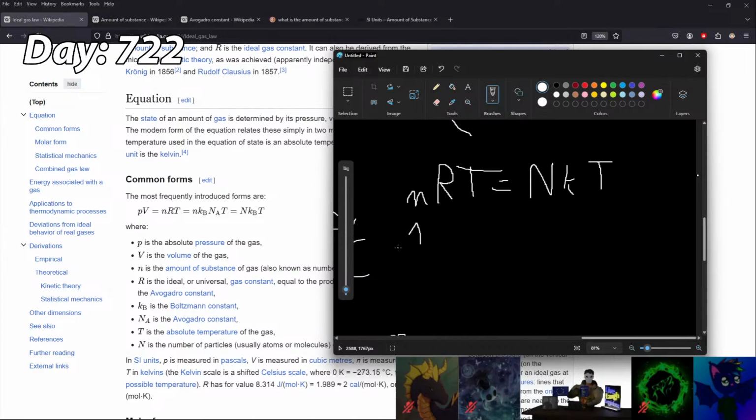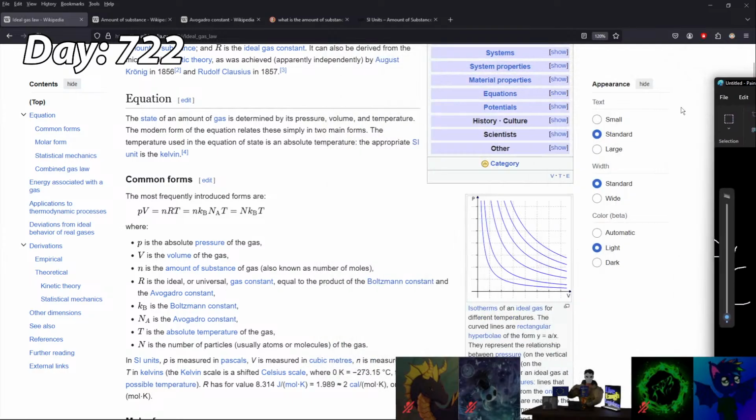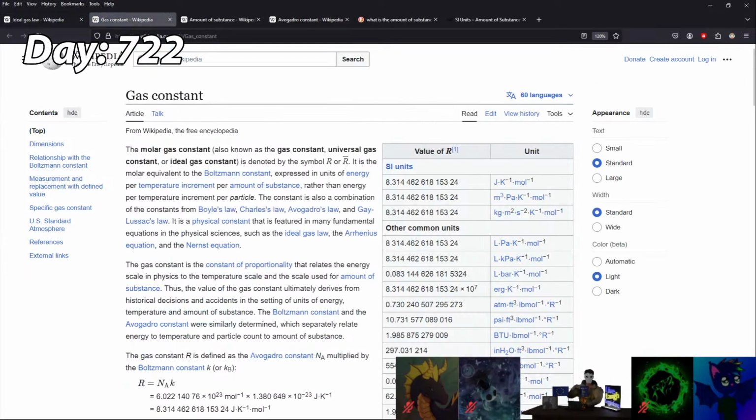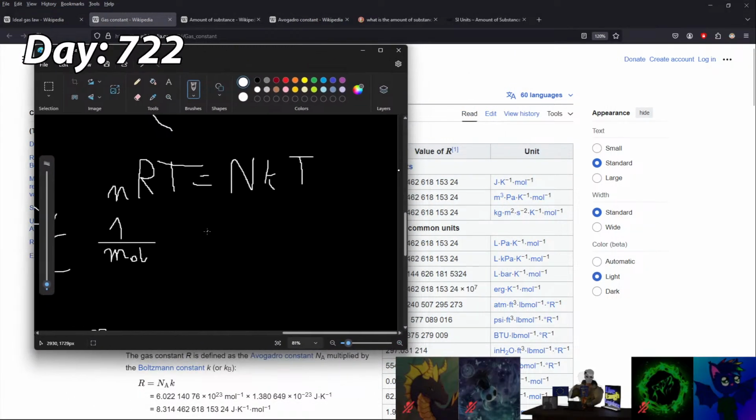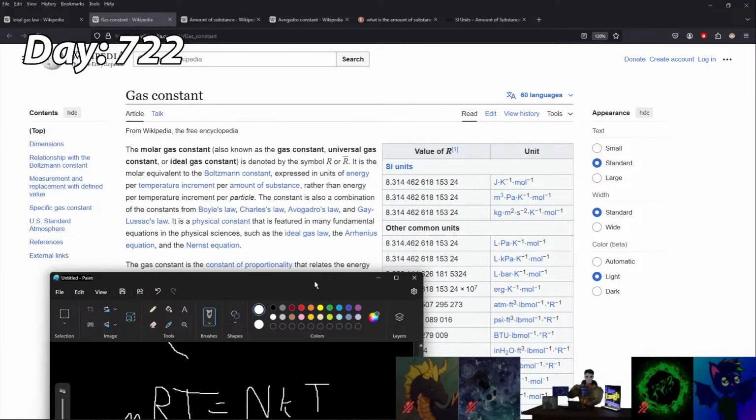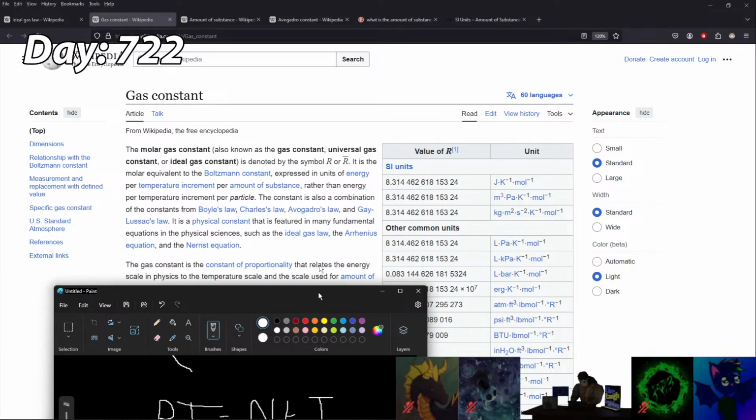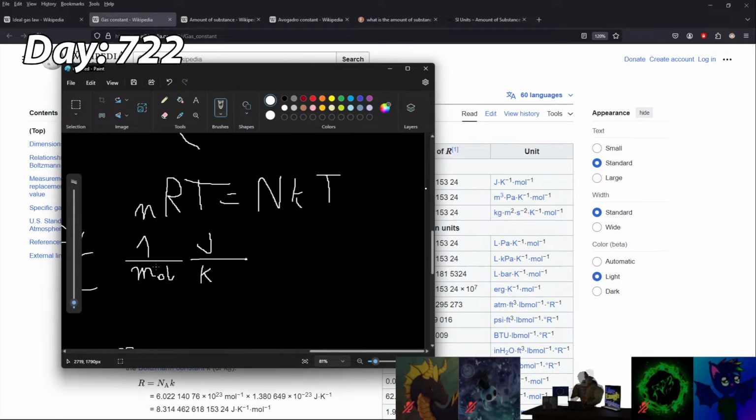So 1 divided by mole, that's the n. Now R is the gas constant, which is J divided by K. Wait, divided by mole? What? Then you will get mole squared.